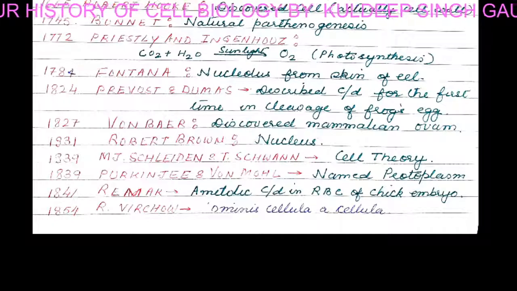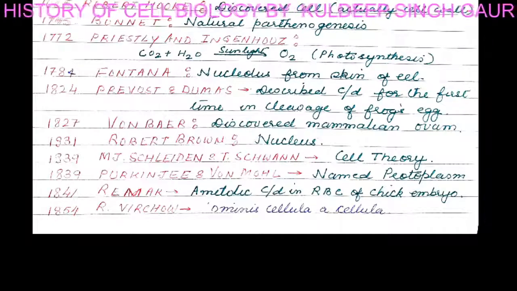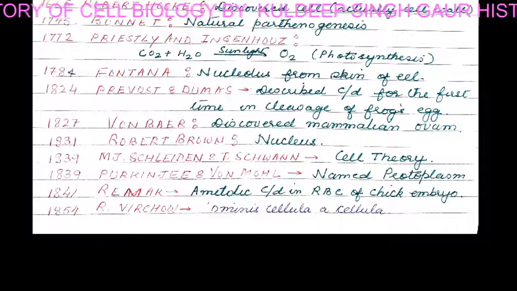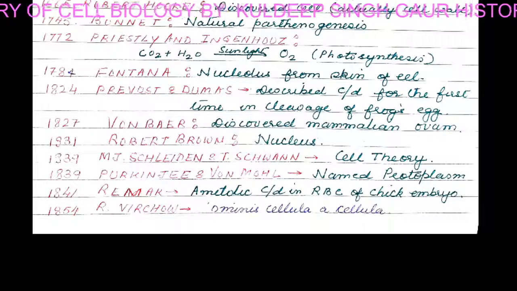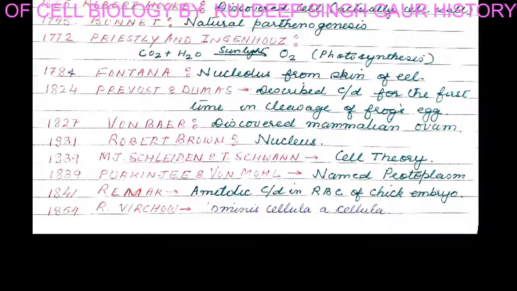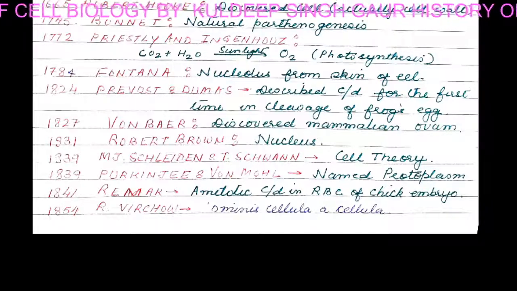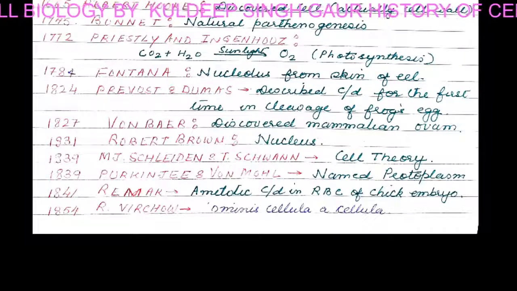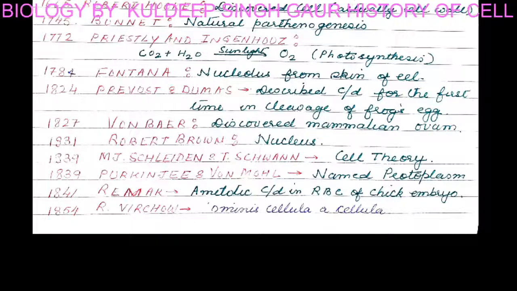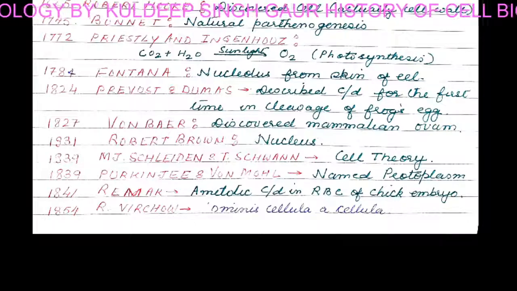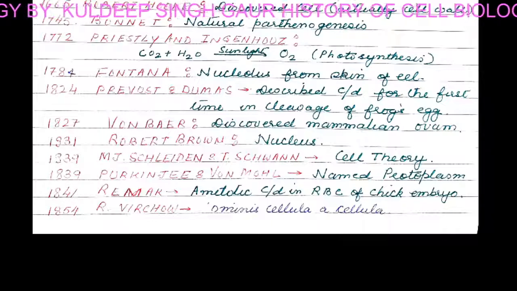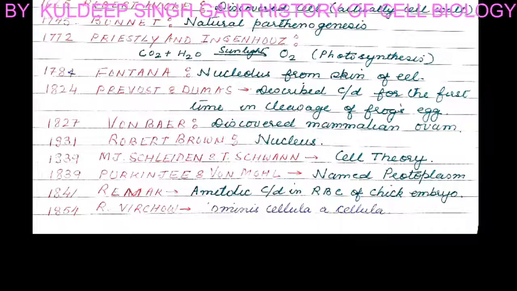1839, M.J. Schleiden and T. Schwann put forth cell theory. Then in 1839, Purkinje and Valentin named the living material of the cell as protoplasm. Remak described amitosis, which is the process of cell division in RBC of chick embryo.